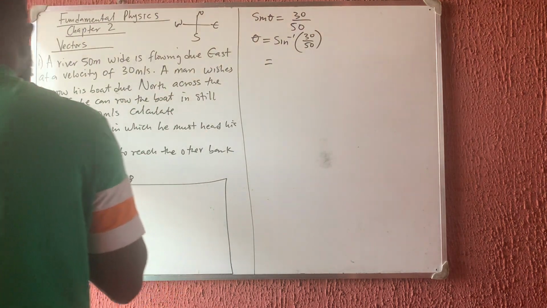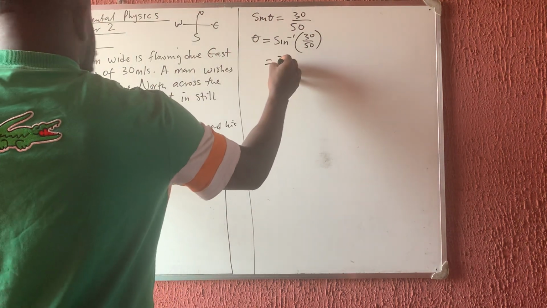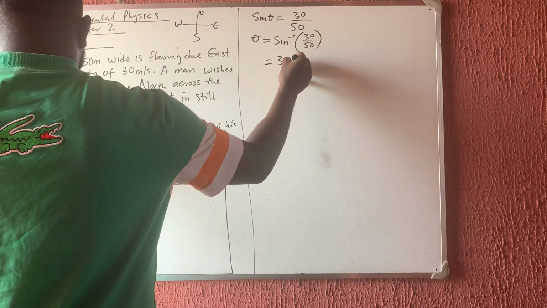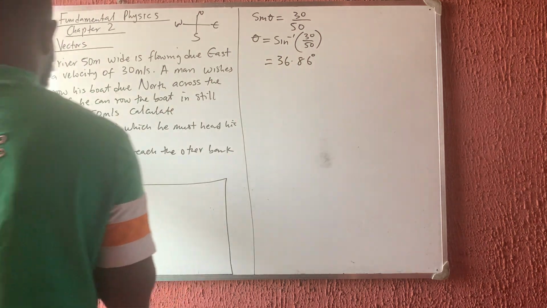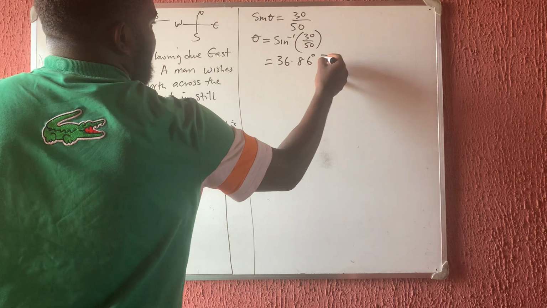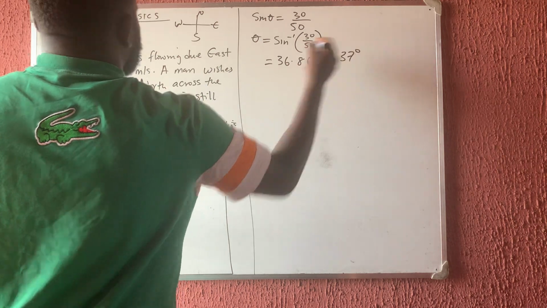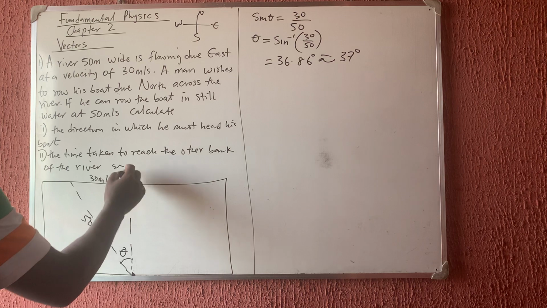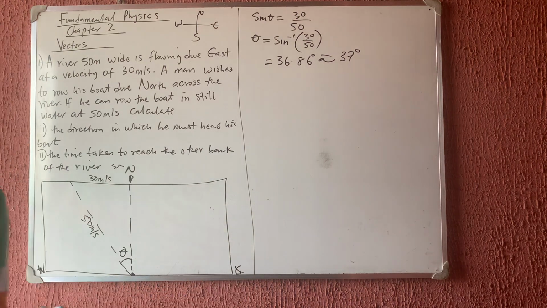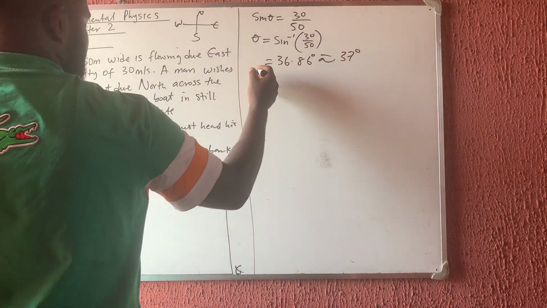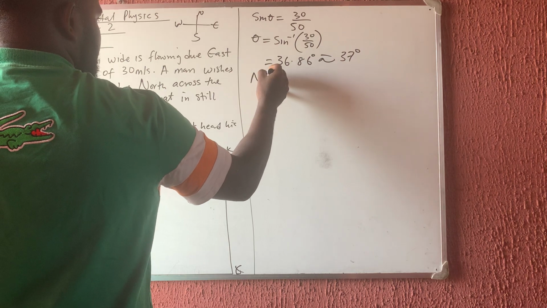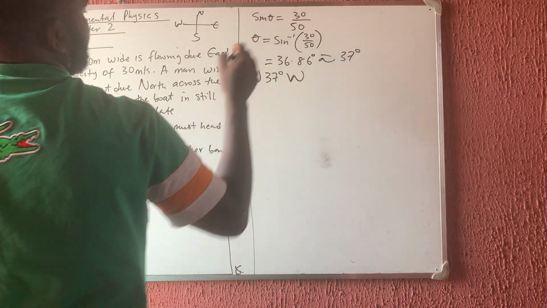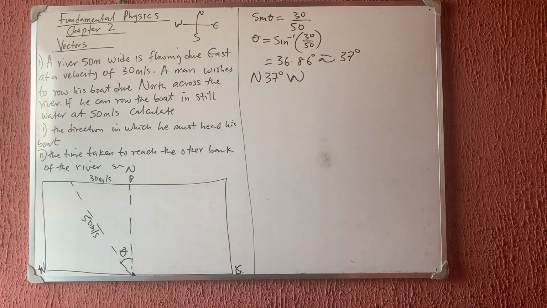Sine inverse of that gives 36.86 degrees, approximately 37 degrees. So this man must move 37 degrees west of north. This is west, this is north, and this side is east. So he's going to move north 37 degrees west before he can get to the other side of the river.